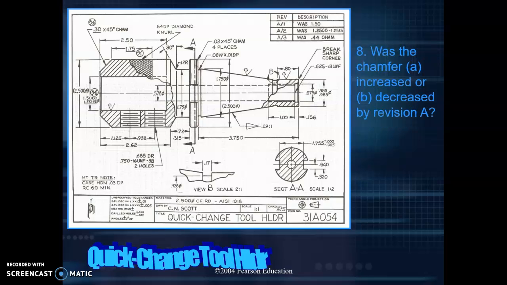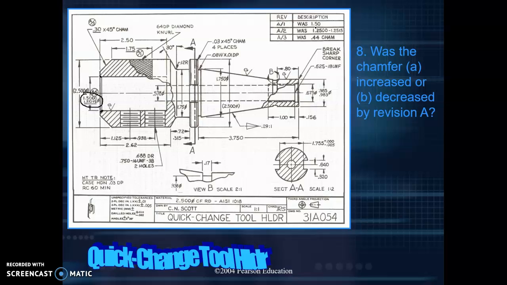Was the chamfer increased or decreased by revision A? So we need to find where the chamfer is. And there is a slight little chamfer right here and here. And we've got this revision A2 telling us the diameter of that hole now is somewhere between 1.5 and 1.5015.